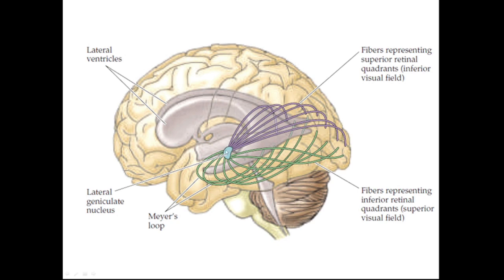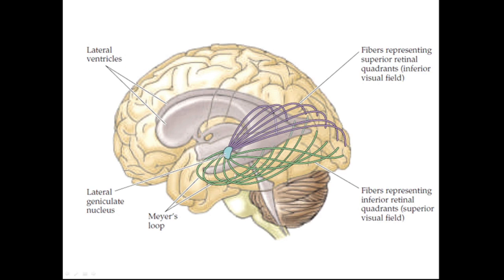These fibers are going in two directions. Some fibers go to the superior part, representing the superior part of the retina and the inferior part of the visual field, so they are responsible for collecting information from the inferior part of the visual field, and some fibers go through the temporal lobe.